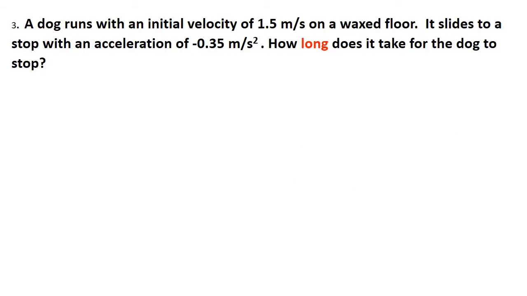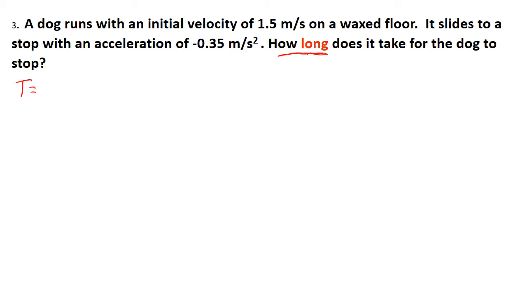Okay, on problem number 3, it says a dog runs with an initial velocity of 1.5 meters per second on a waxed floor. It slides to a stop with an acceleration of negative 0.35 meters per second squared. How long does it take for the dog to stop? This one we don't give you an equation, and "long" here is implying time.